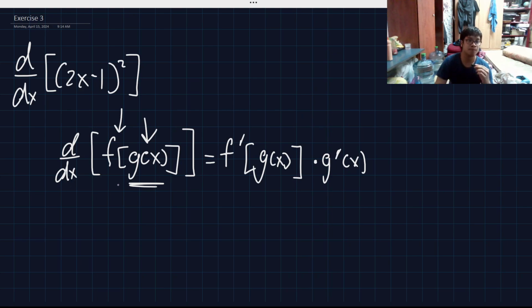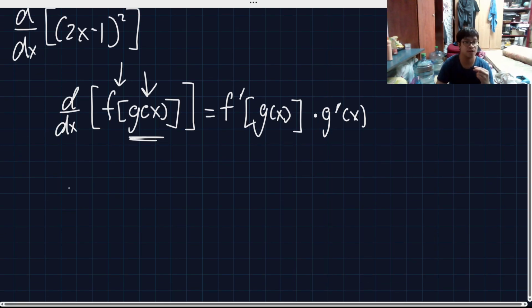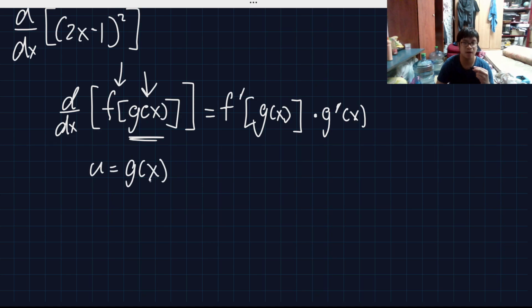Commonly, instead of using g of x, we usually substitute this with a letter. So let's represent g of x as u. Let's imagine that u is another function that exists as an independent variable to f.